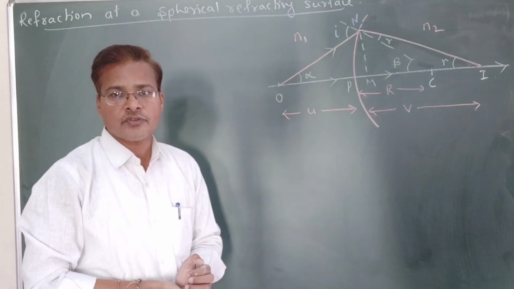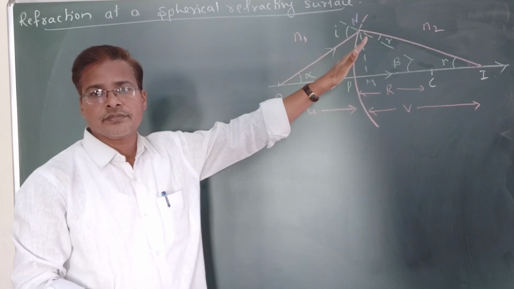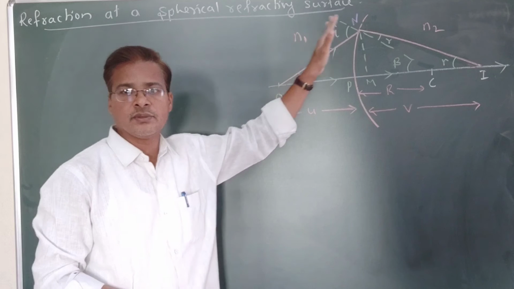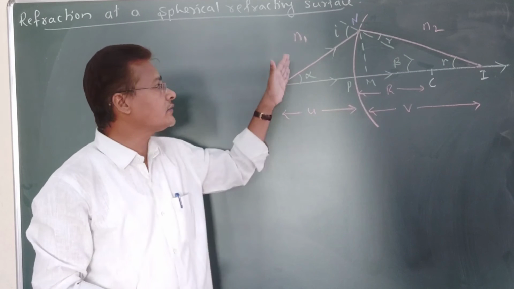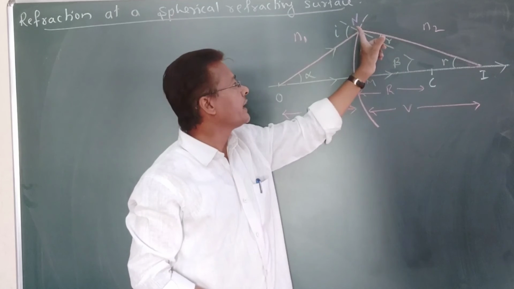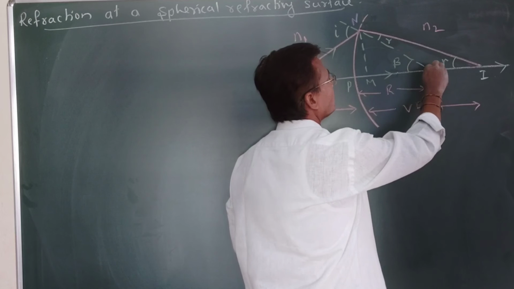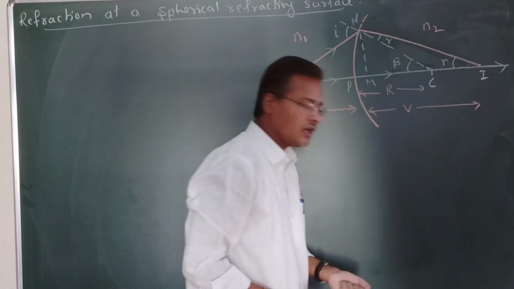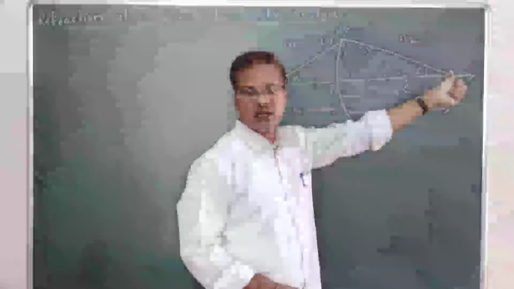When a ray travels from the rarer medium to the denser medium, it will be bent towards the normal. NC is called the normal. ON is the incident ray, and this NI is the refracted ray.